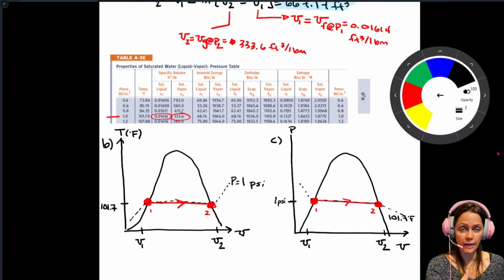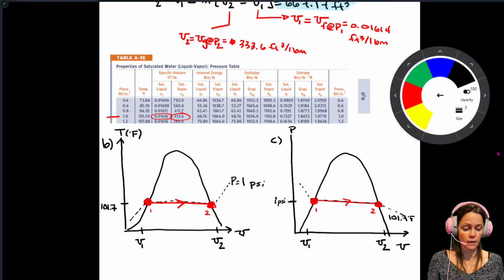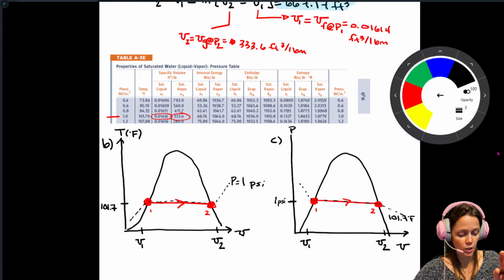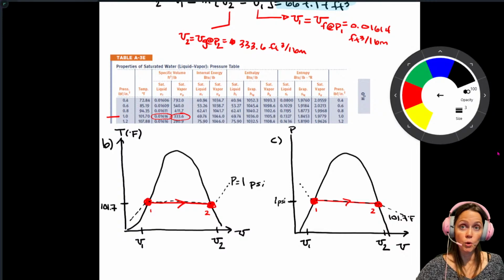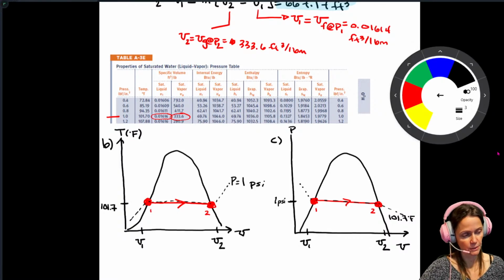So on a TV diagram, are you showing T1 and specific volume V1 at state 1, are you showing T2 and V2 at state 2? Same thing with the PV diagram. Are you showing P1 V1 and P2 V2? Is that clearly labeled? And then also the process path, the location of those dots with respect to the dome, those all need to be there for you to get full credit for a TV or a PV diagram.